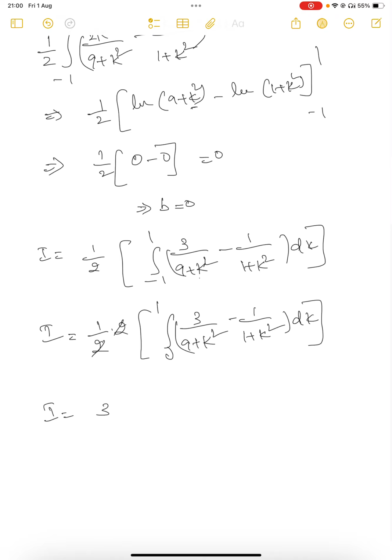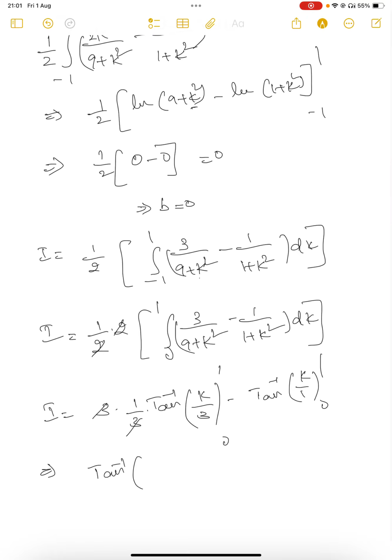Then the 3 will get out. Then it will be 1 by k squared plus 3 squared. It will be 1 by 3 into tan inverse of k by 3, and integral limits are 0 to 1. Minus 1 by 1, tan inverse of k by 1, integral limits are 0 to 1. That implies 3 will get cancelled.